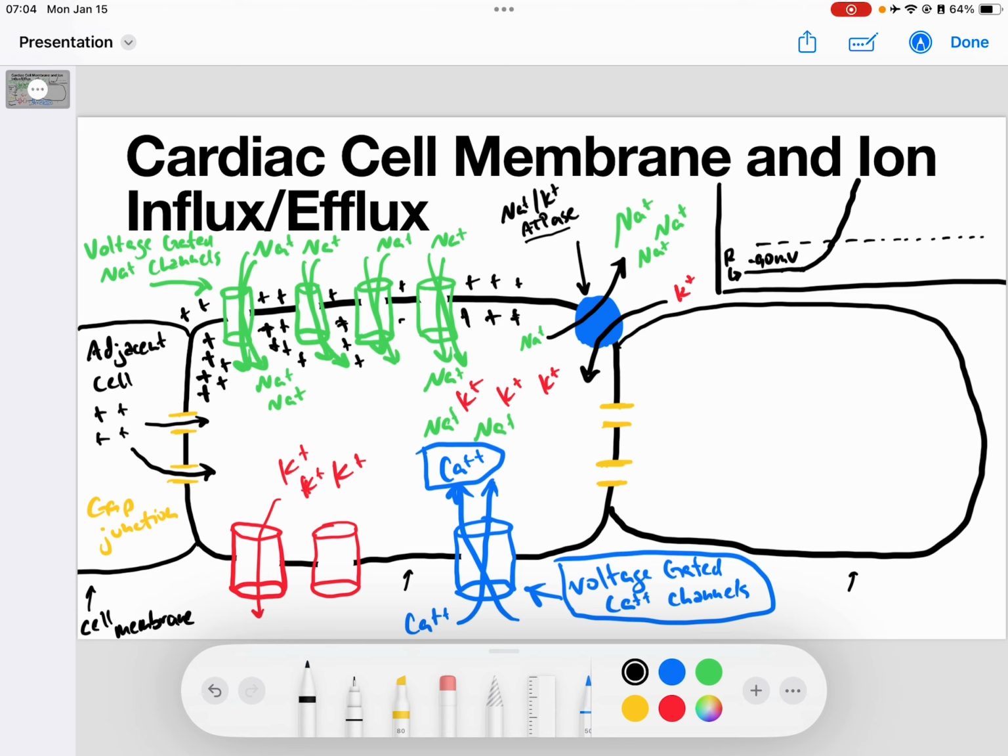And this part of the action potential is where we see the level off, where we see calcium coming in, potassium coming out, and they kind of equal out, and we get a plateau of our membrane potential.